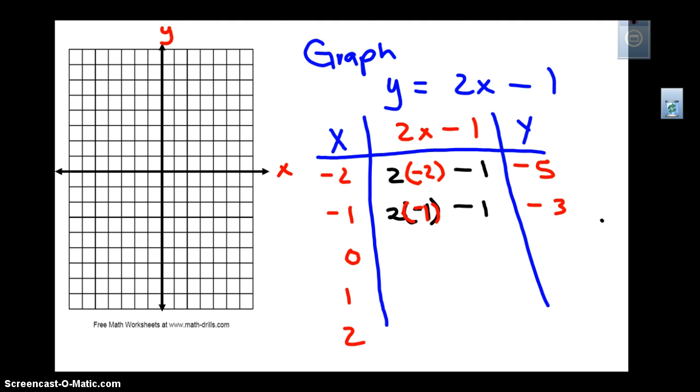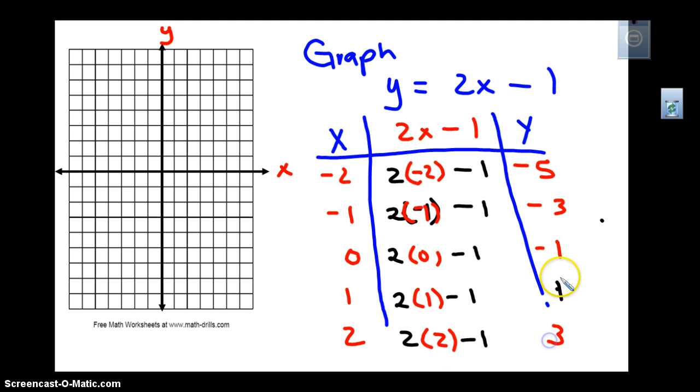Now 2 times 0 minus 1. What does that equal? Negative 1. What about 2 times 1 minus 1? What about 2 times 2 minus 1? 3.